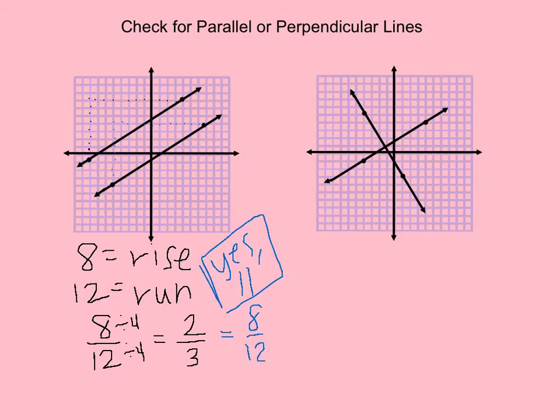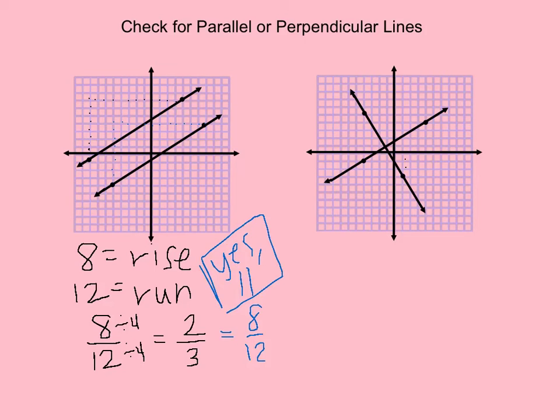Okay, so now I'm going to check this second problem here. It looks like my lines are probably perpendicular. They're definitely not parallel because they intersect. But in order to determine whether they're perpendicular, I have to find each of the slopes and see if they actually are the opposite reciprocals. So I'm going to do the same thing I did in the last problem, except here I'm going to go from this point to this point first.